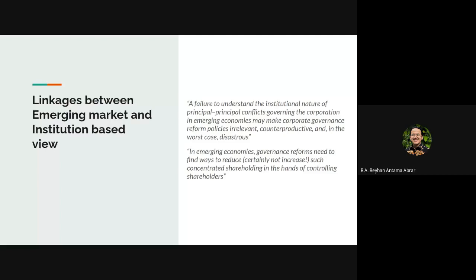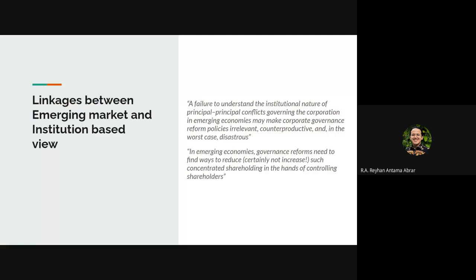We want to expand the theory, and we want to extend the topic in the emerging market, specifically by stating this statement from Wang and Peng. It's not cited there, but: a failure to understand the institutional nature of principal conflict governing the corporation in emerging economies may make corporate governance policy irrelevant, counterproductive, and in the worst case disastrous.